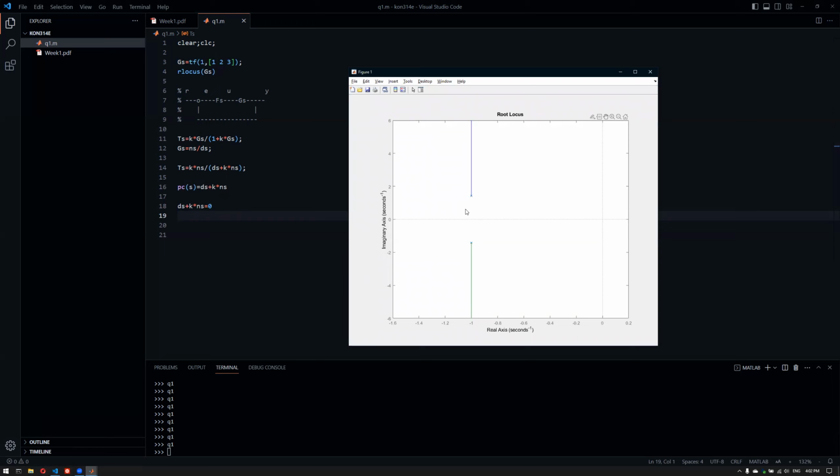So this Root-locus plot has some gain values K in it, and then we see that the roots of the polynomial D(s) plus K times N(s) are lying on these branches here on this plot.